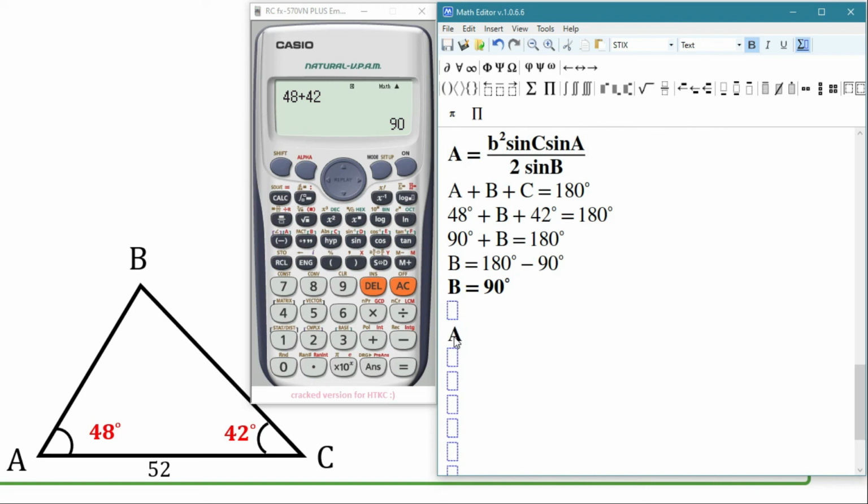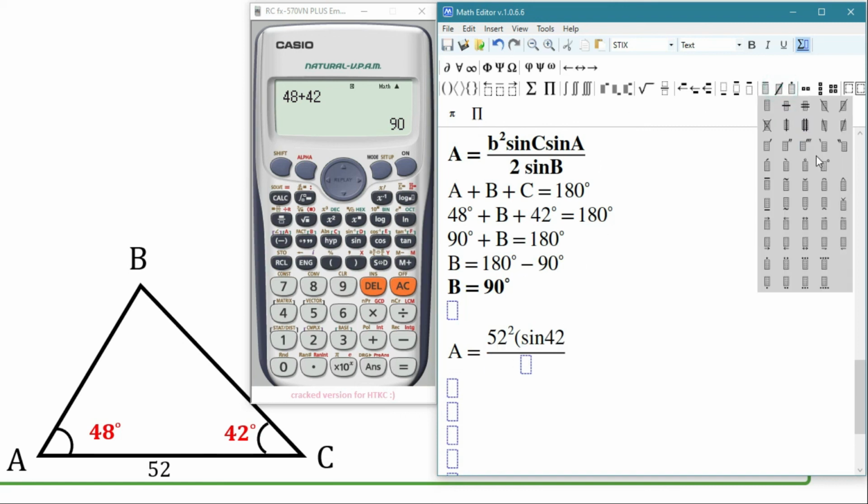So that's gonna be the area of a triangle equals B square. So the value of B is 52, so that's gonna be 52 square, multiplied by the sine of, lagyan natin parenthesis para hindi malito, that's the sine of angle C, that's 42 degrees.